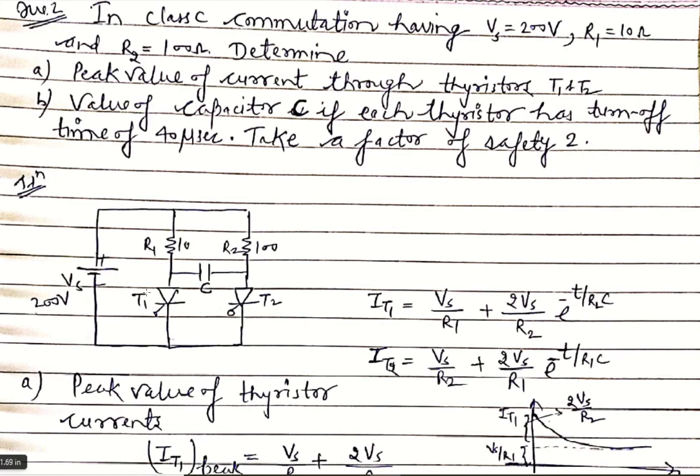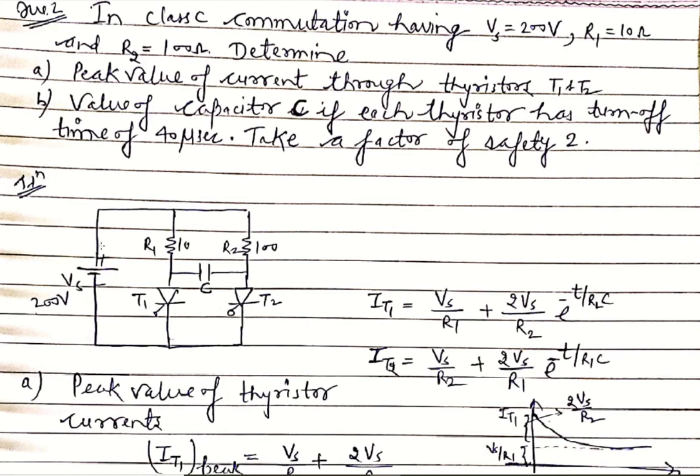Class C commutation has a topology of two thyristors in series with two resistors, and a capacitor is connected in between them, and the DC supply is provided through this whole combination. As in the question, Vs is the DC voltage of 200 volt, R1 is 10 ohm and R2 is 100 ohm.